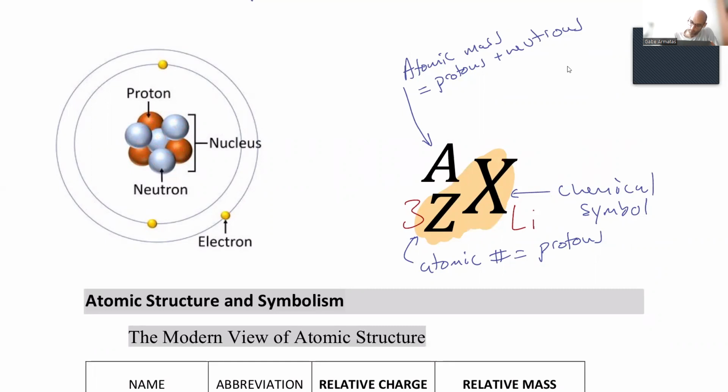So the atomic mass is going to be 7. So if I were to rewrite this, it would be 7, 3 Li. That defines the element and what it is.